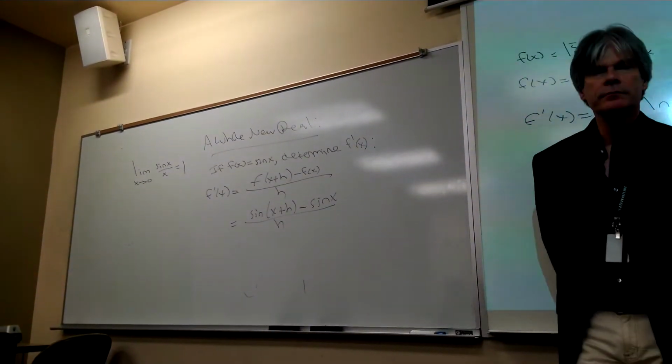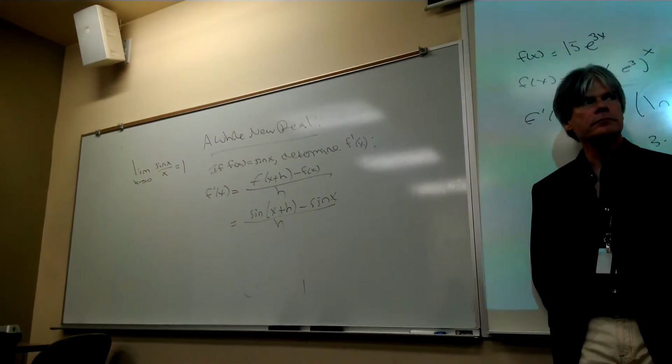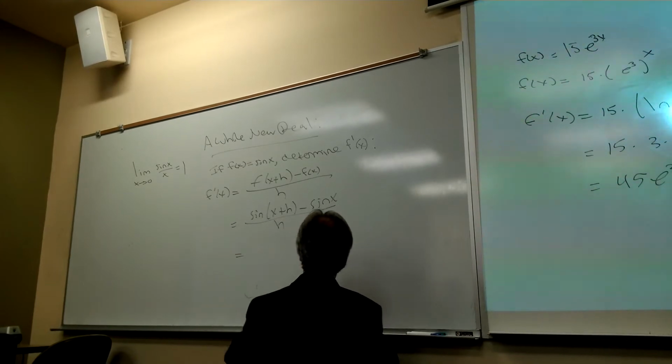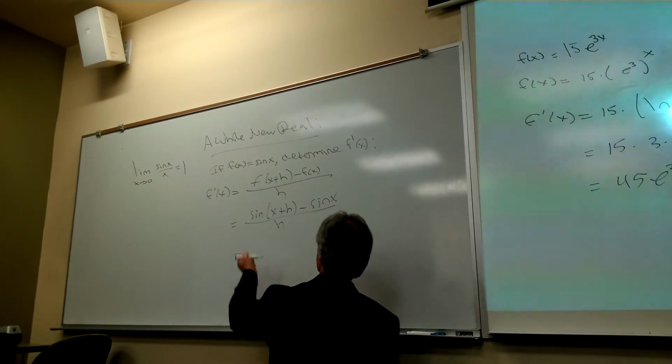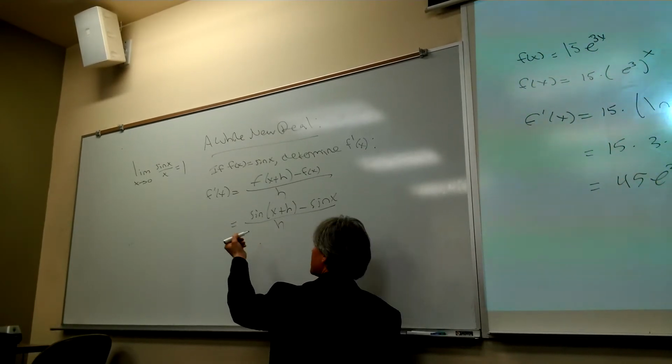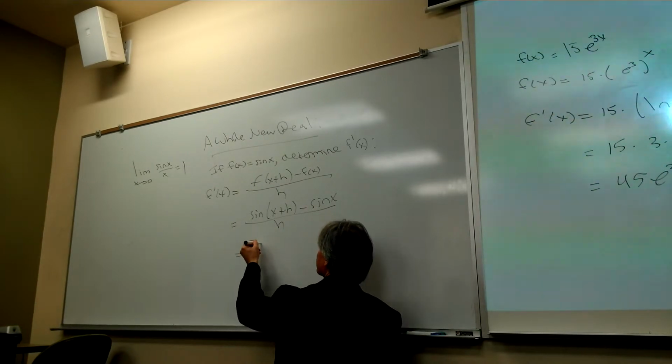Do you guys agree? But this is nothing more than, shoot, you guys, I need some help. How do I evaluate the sine of the sum of two different terms? Isn't it like sine cosine?